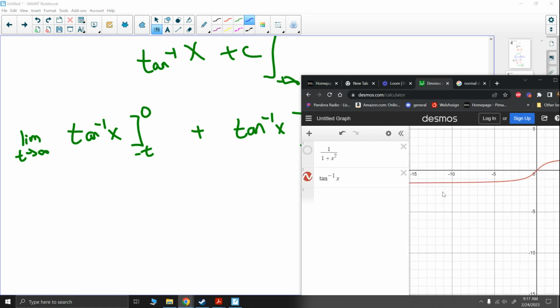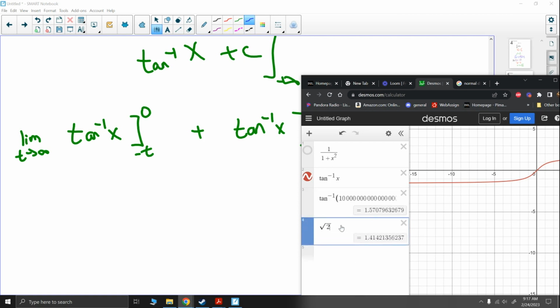What is this going towards, if it has one? If we plug in tangent inverse of some really big number, some insanely big number, notice we're going towards some value. Now what is that value?